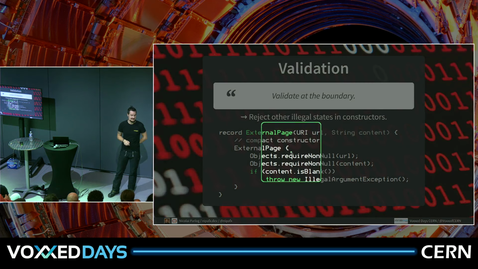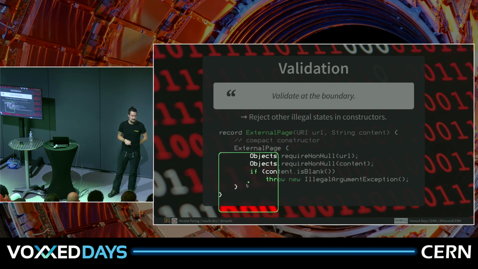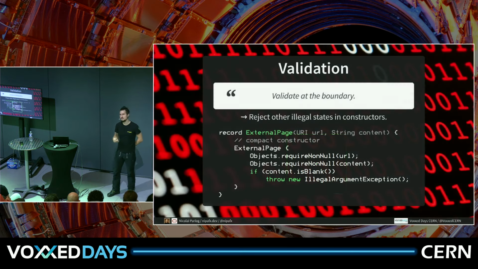The idea here is that this is more like an initialization block. So you write external page, and then you write this block. And what this means is all these parameters here, those go in, and I can do stuff with them. I can do checks. I can even do reassignments on them. And once my block ran successfully, then everything is assigned to the fields. It just cuts out the code that I don't need to write because it can happen automatically.